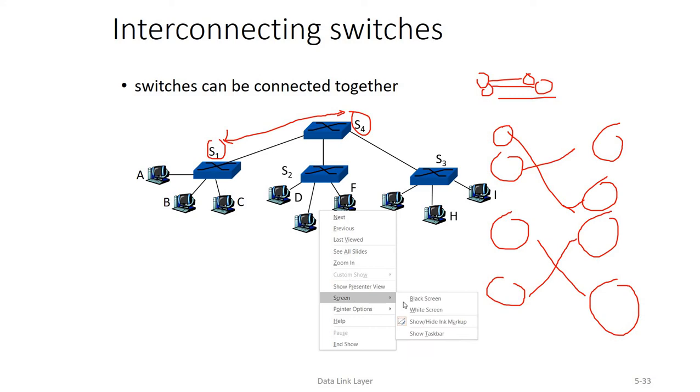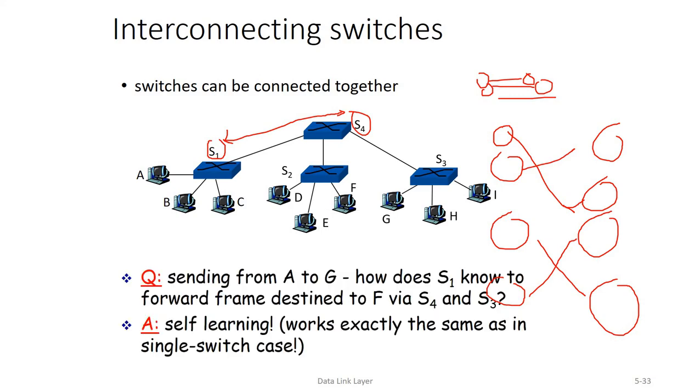For the sending from A to G, A is here and G is here. This is supposed to go through switch number 4 here and switch number 3, then come to G.